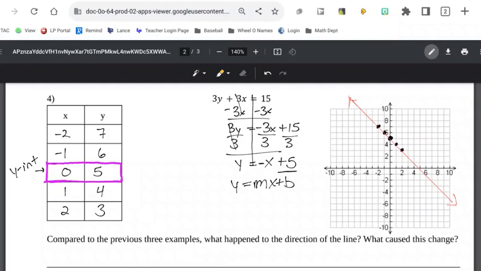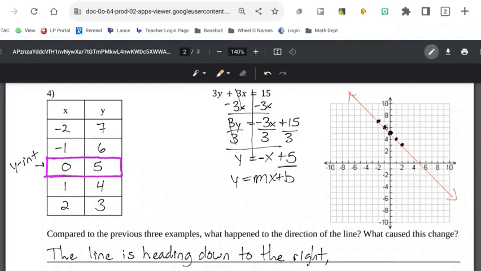Now, the question, compared to the previous 3 examples, what happened to the direction of the line? What caused this change? So if you notice, the direction of the line going from left to right is heading down to the right. And why did this happen?